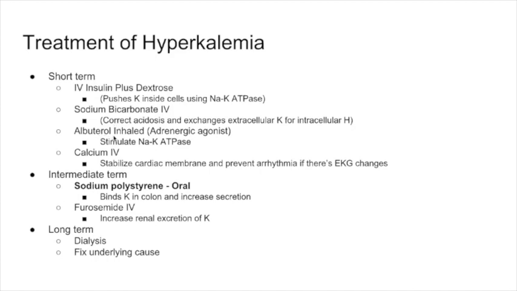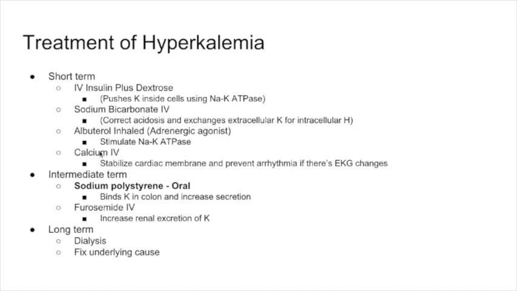Third, we can give albuterol, which, if you remember, is a beta 2 agonist used for asthma, but it's an adrenergic agonist that works on the sodium potassium ATPase pump and stimulates it as well. And the last thing that we can do is give IV calcium.